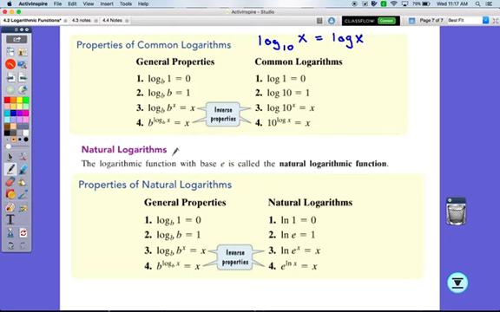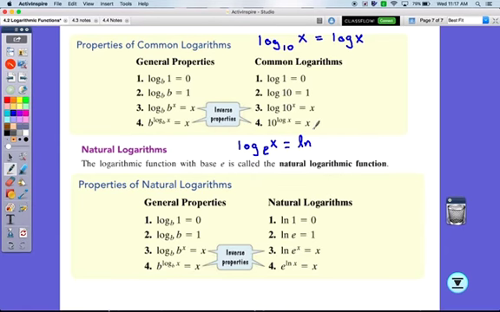All right, and then our other type of logarithm that pops up a lot is the natural log. And that is a log with a base of e. We saw some of those on our previous examples. So we see the log base e of x. You probably won't see that a whole lot because we rewrite that as the natural log, ln.